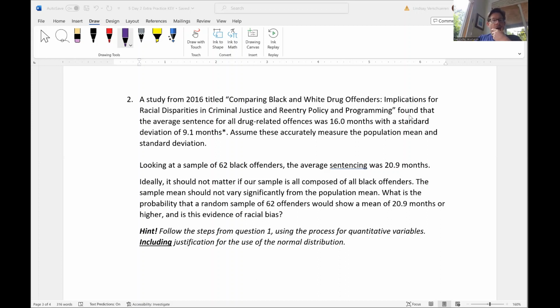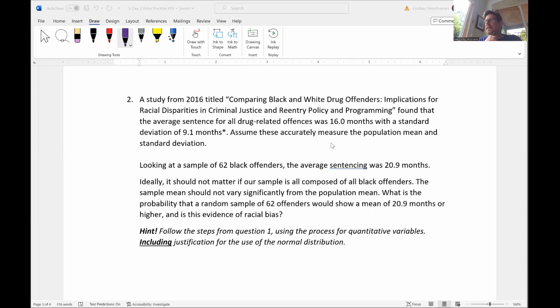In this study, they found that the average sentence for all drug-related offenses was 16 months with a standard deviation of 9.1 months. That asterisk is there because the 9.1 months wasn't provided, but with everything they provided, that's a good estimate. So it wasn't provided, but assume these accurately measure the population mean and standard deviation.